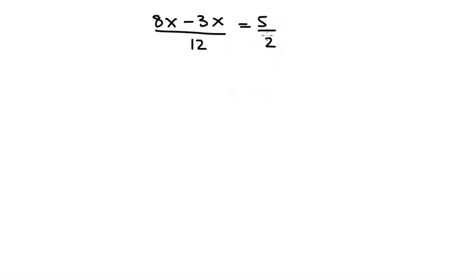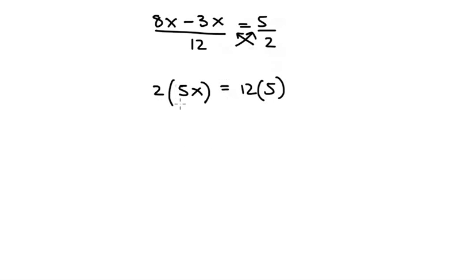And on the right, if I'm dividing by 2, I'm going to bring it across to the left and multiply everything by 2. So I get 2 multiplied by 8x minus 3x. We can just simplify here. We know that that's 5x. And 12 multiplied by 5. So I've just done cross multiplication.